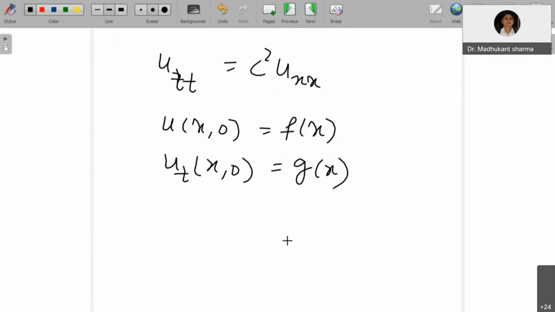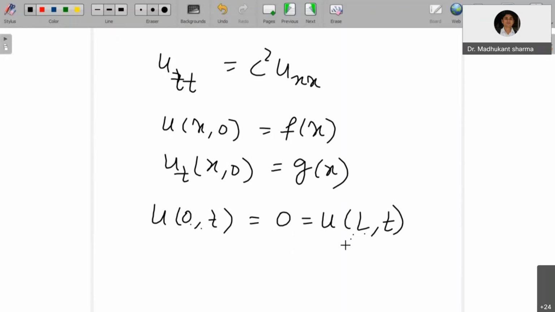Now you can also impose homogeneous Dirichlet conditions, meaning there is no vibration at the end points. u(0, t) equals 0 equals u(l, t), where you are tying the string at x equals 0 and x equals l. These are known as homogeneous conditions or Dirichlet conditions.